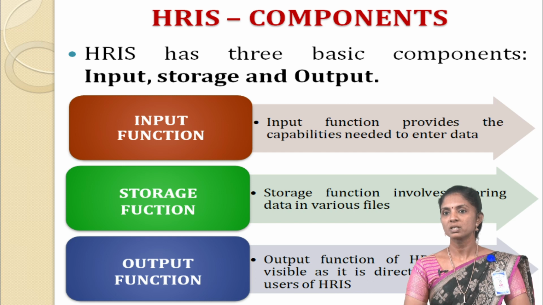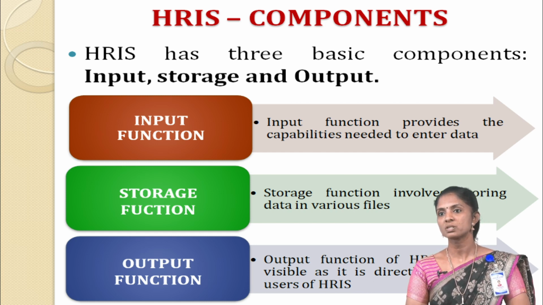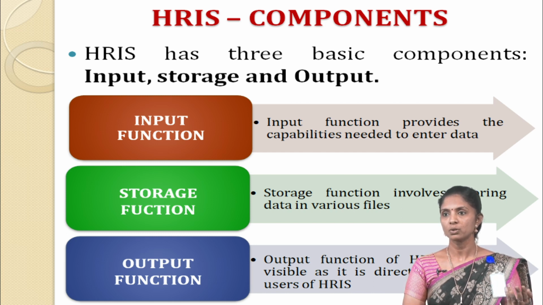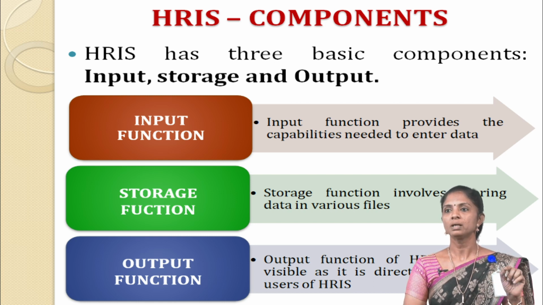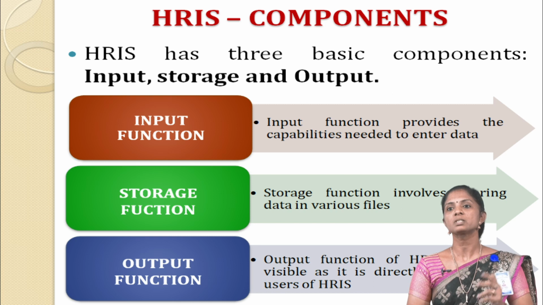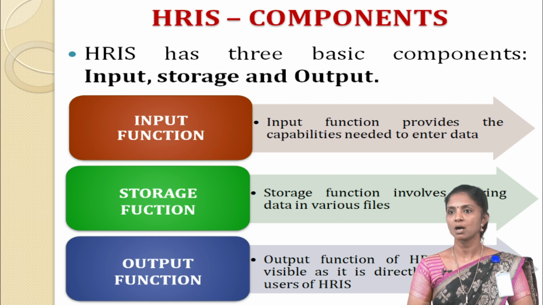The next one is the output function. The output function of human resource information system is most visible as it is directly used by the user of the human resource information system. In a computerized human resource information system, output may appear in two forms: one is a hard copy, another is a soft copy.